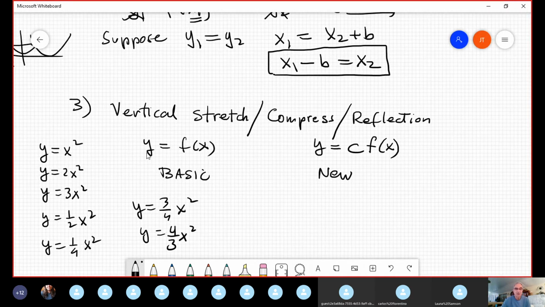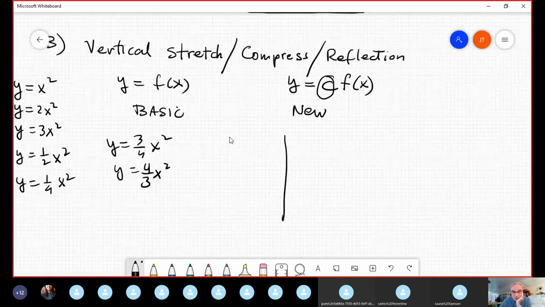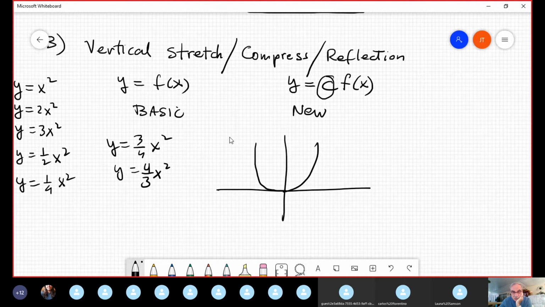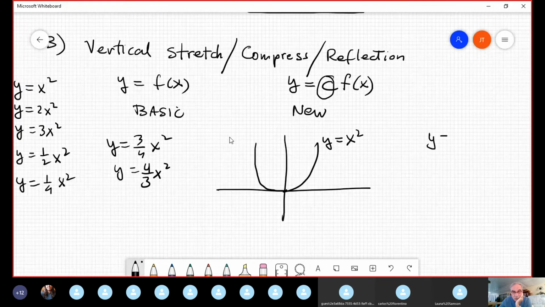What happened when this factor changes? What do you think happened? I need it again. This is a little bit complicated. This is my basic parabola, without transformation, y equals x squared. What do you suppose can happen when you multiply by 2?